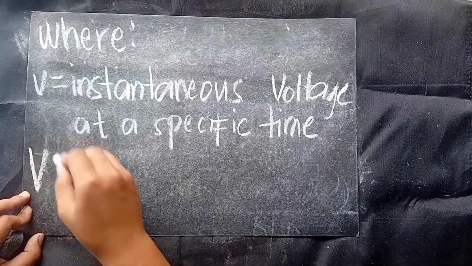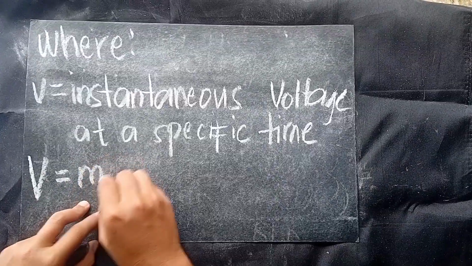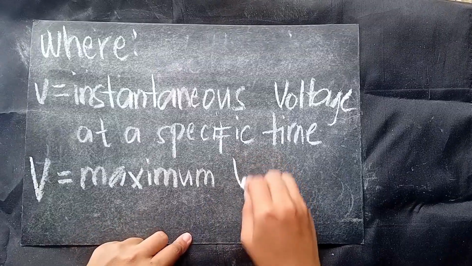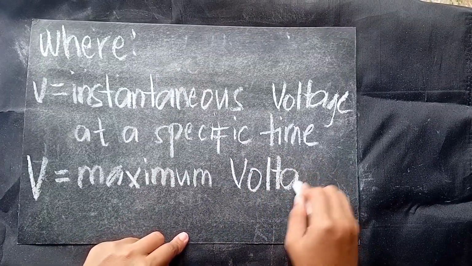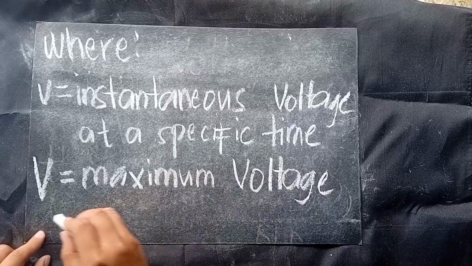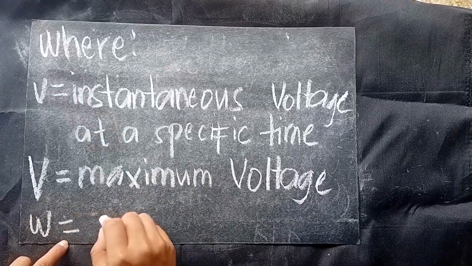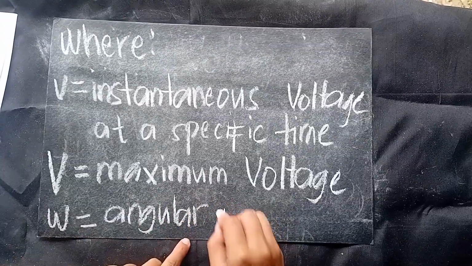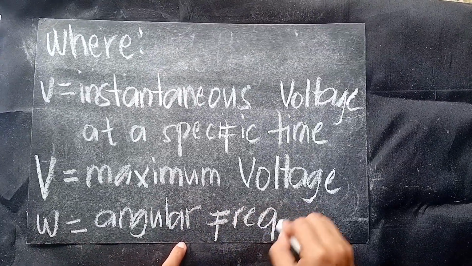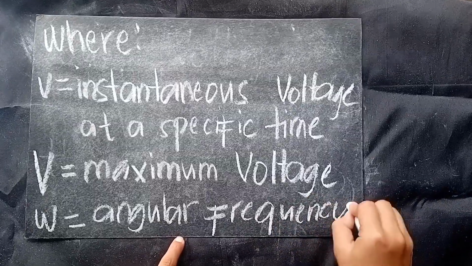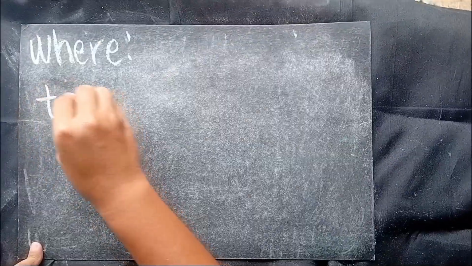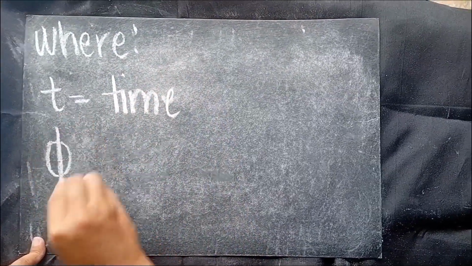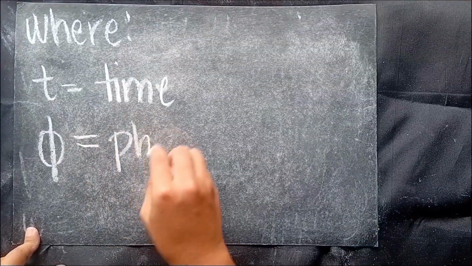And your big letter V is your maximum voltage or your peak voltage. Your W is your angular frequency. And your T is your time. And your phi is your phase angle.